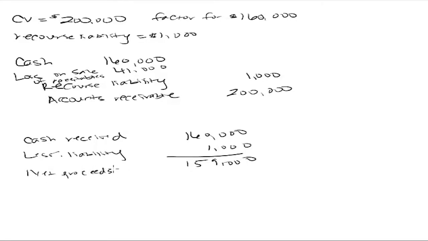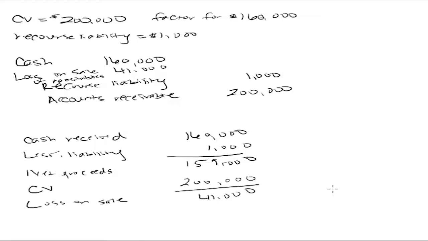And when you compare that to the carrying value here of $200,000, that's going to tell you the amount of the gain or loss on sale: $41,000.